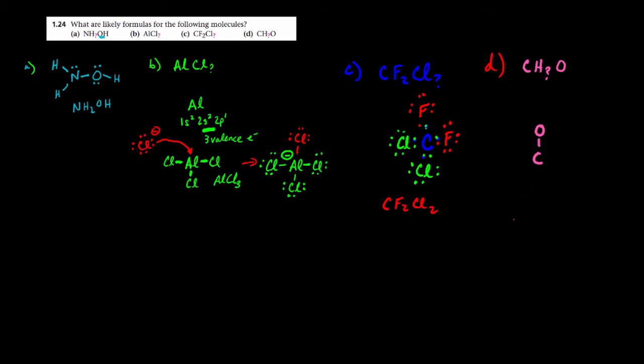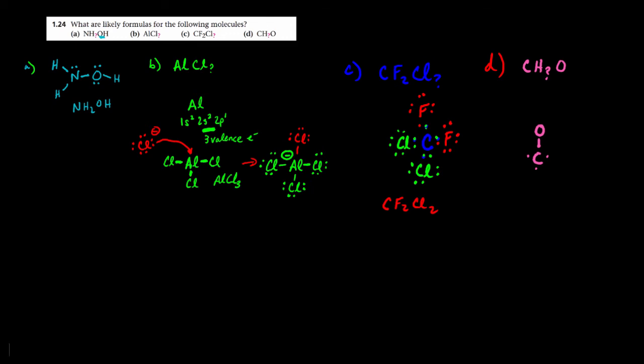Okay, so now let's look at the valence electrons around each of these, carbon and the oxygen. The carbon has 4 valence electrons, so one of those is in this bond here with oxygen, and then we'll put 3 others around. How many does oxygen have?